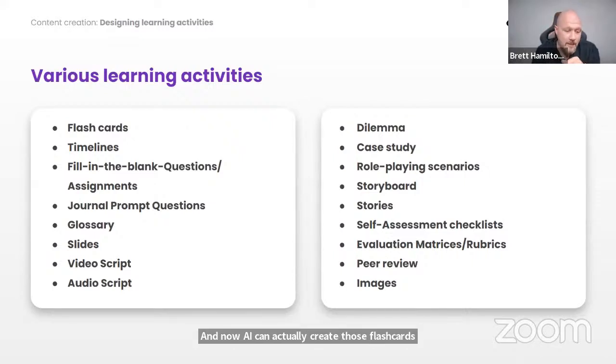It can create timelines for you. It can build quizzes. It can build exams. It can build case studies, stories, storyboard things for you. So just think about all the different types of content you use to educate your customers, and think about how AI could potentially help build that now, and the time and money you could save putting those things together using AI.